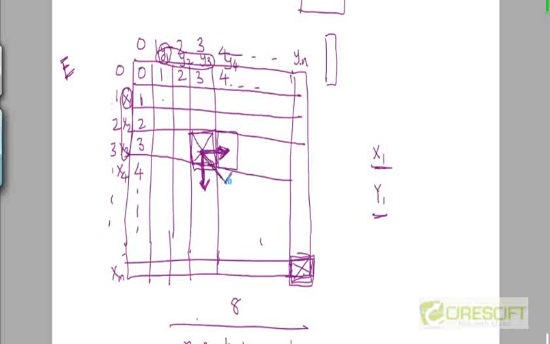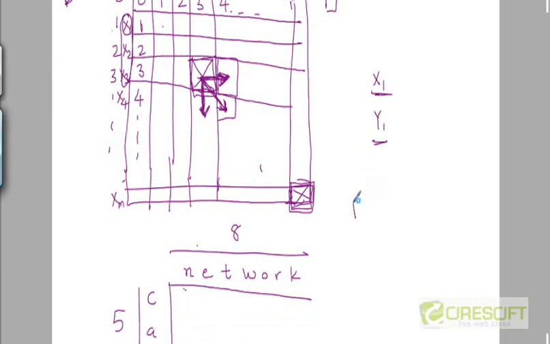And if I move to the cell diagonally below and to the right, then I'm adding one character of y at the end and one character of x at the end. So what we're going to do is, let's say we've looked at the first i characters of x and the first j characters of y.